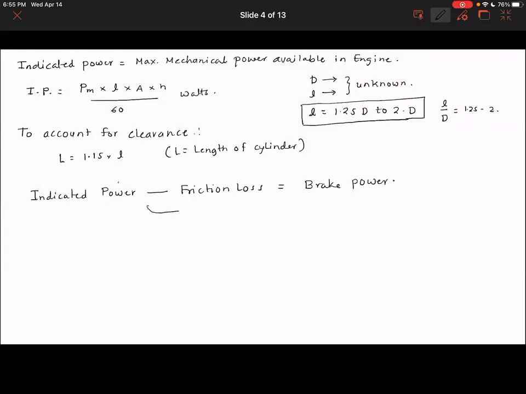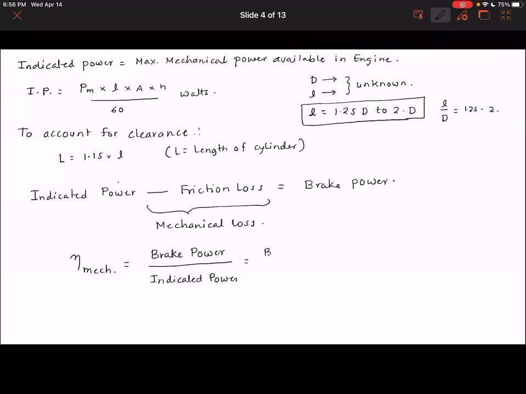So these are mechanical losses. Mechanical efficiency is given as brake power divided by indicated power, which is BP divided by IP.